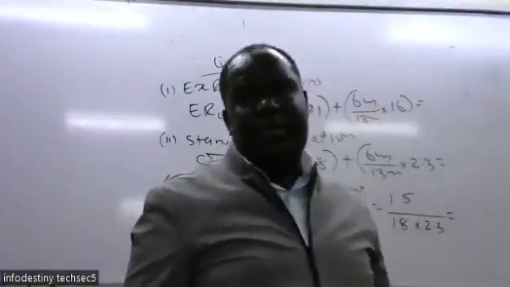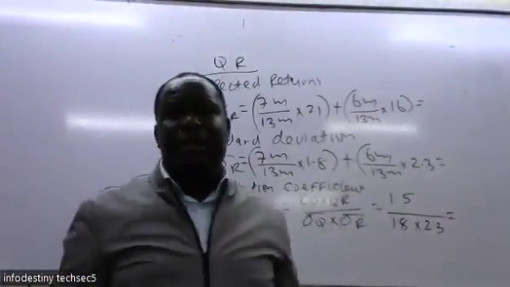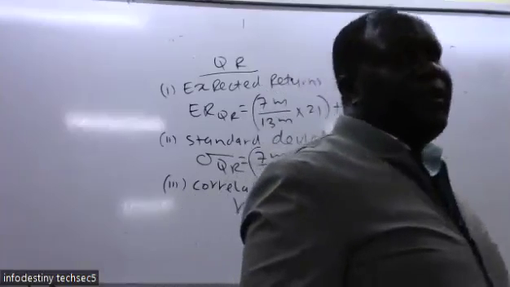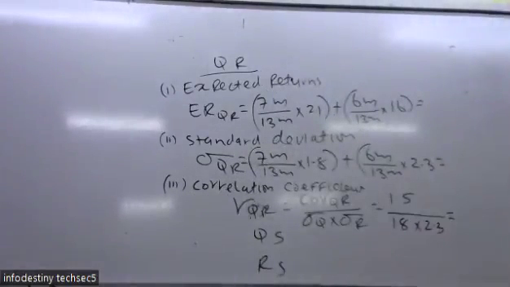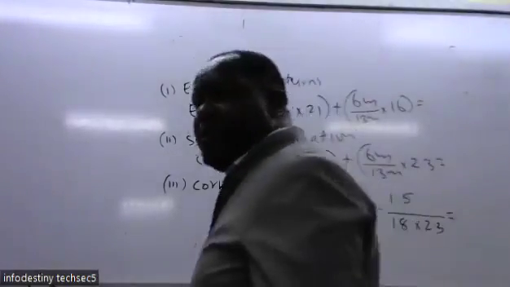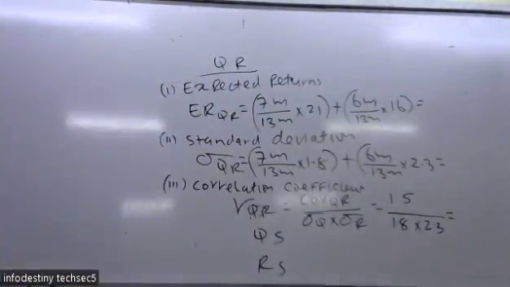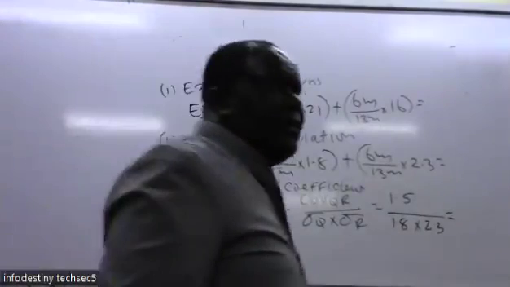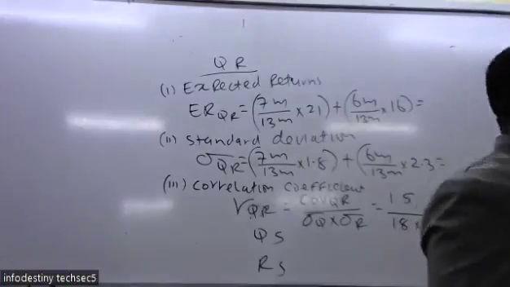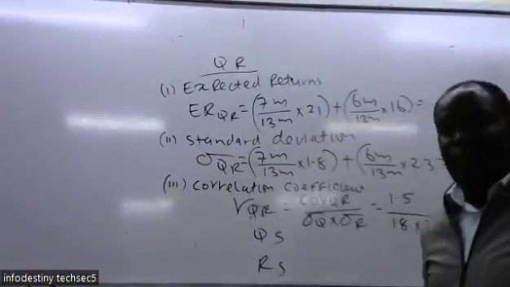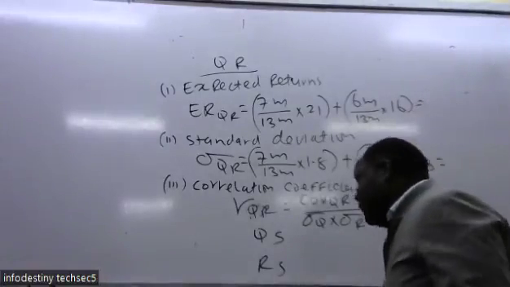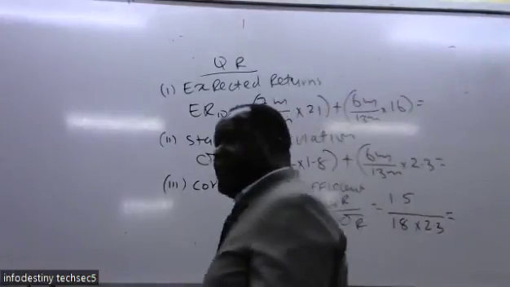Then you continue by noting that the lower the coefficient of variation, the less risky the project is.